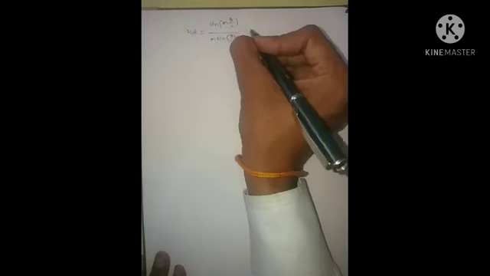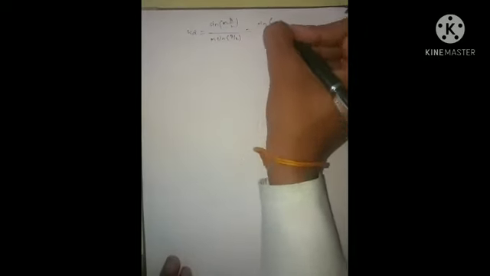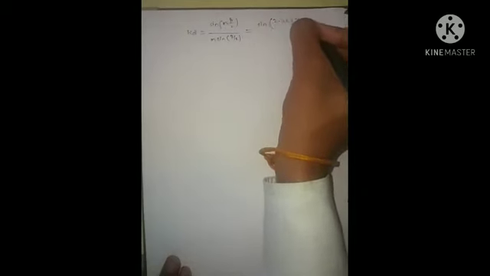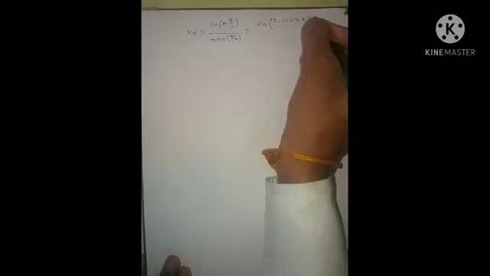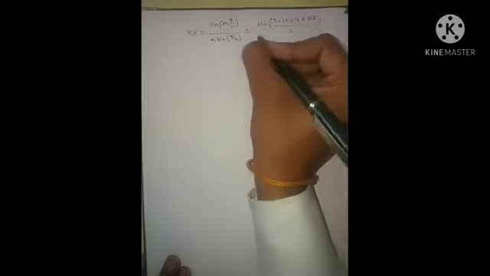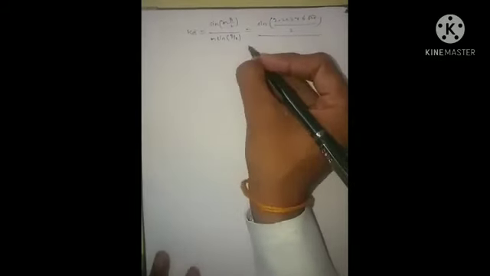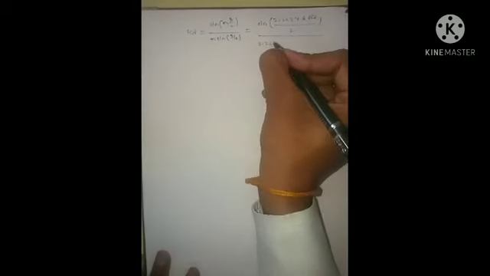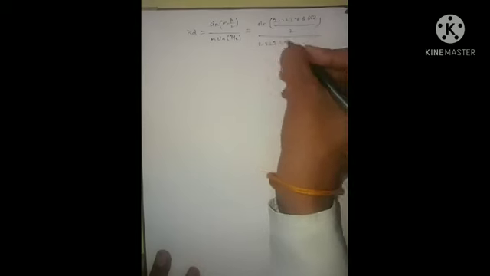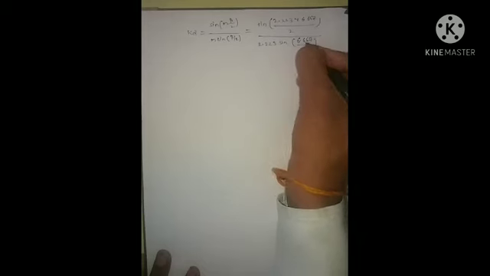By putting all the values, we will get sine of 2.223 into 6.667 divided by 2, and the denominator term is 2.223 into sine of 6.667 upon 2.